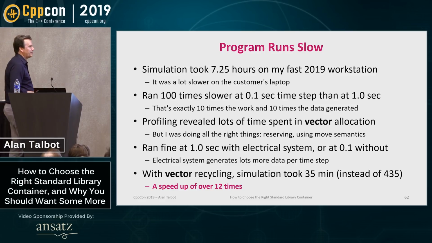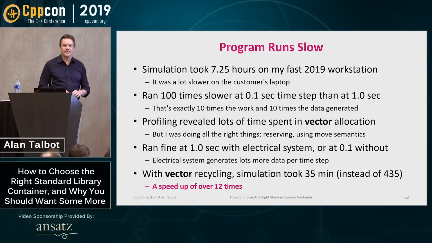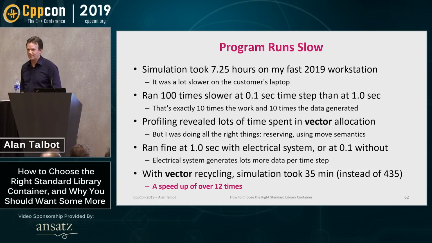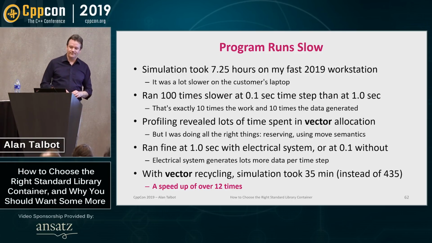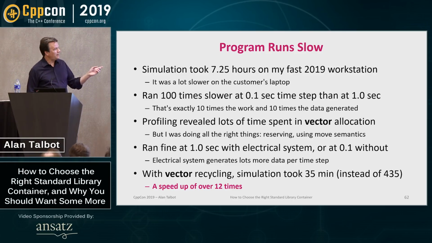Now it took 35 minutes, that's M, if you're keeping track, instead of 435 minutes. And this was not a simple example I whipped up for a lecture. This was the real world, real customer. And it made a big difference.